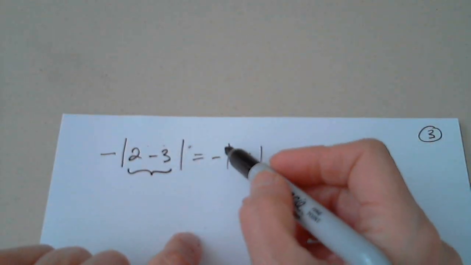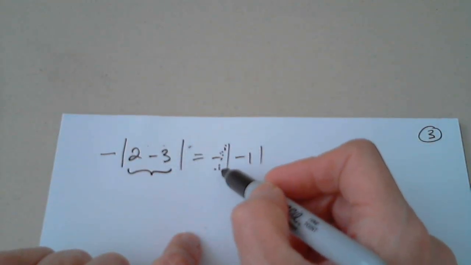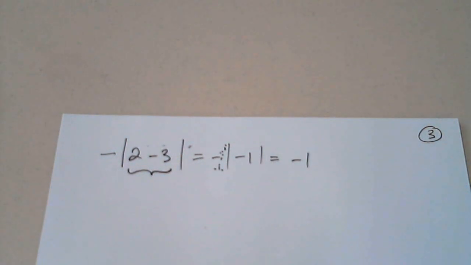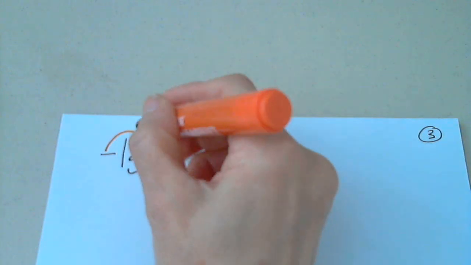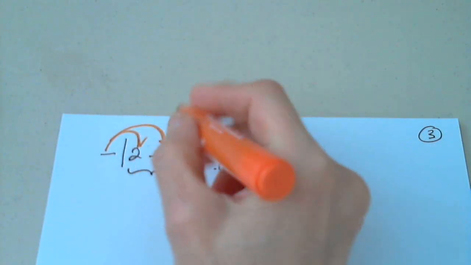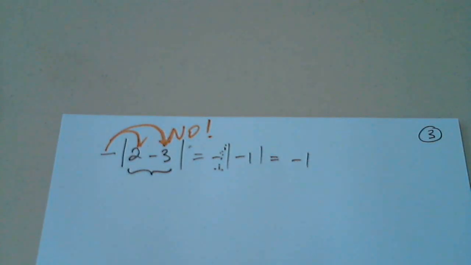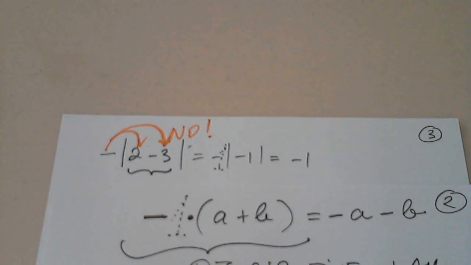And only then I multiply by the invisible -1, so I get -1 in front. I'm not allowed to do this, because the absolute value is not a grouping symbol. I'm allowed to do it here because parentheses are grouping symbols. Okay.